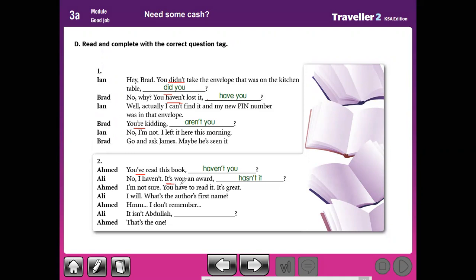But pay attention to this: when followed by the past participle, the contraction is has. So here we put hasn't and it as it. The last one. It isn't Abdullah. So it isn't changes into is, and it as it.